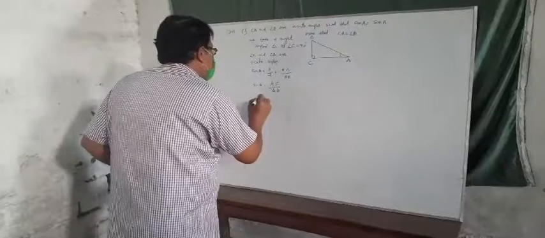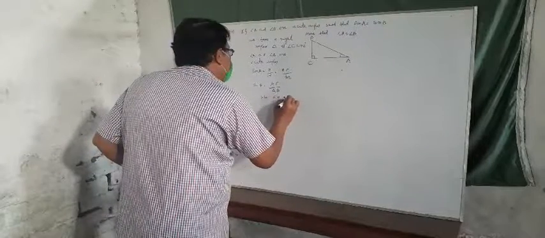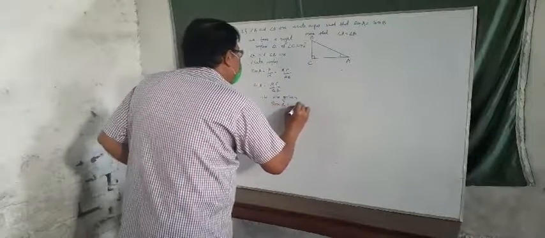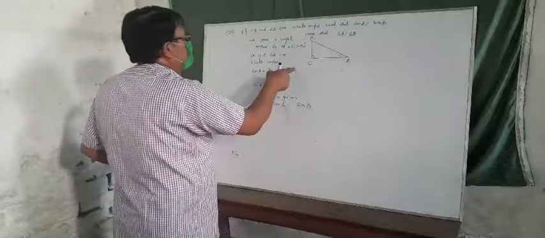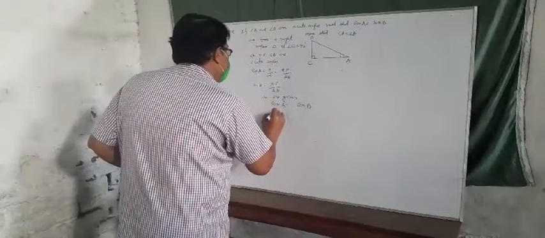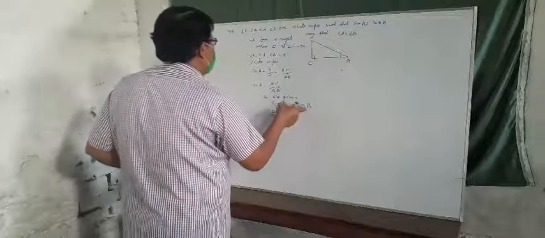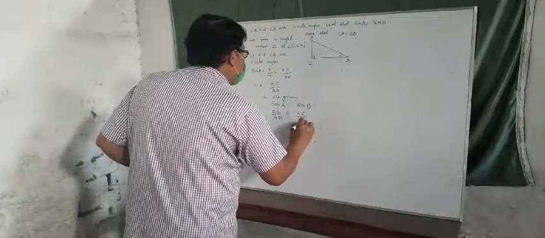Now we are given sin A equal to sin B. The value of sin A is BC upon AB, and the value of sin B is AC upon AB.